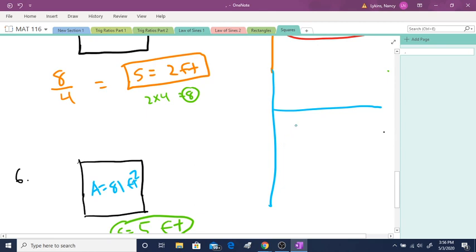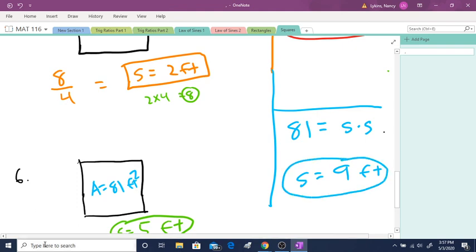So in this case, I know I've got 81 equals side times side. So what two numbers can you multiply to get 81? Well, in this case, the side has to be 9 and the unit is feet.